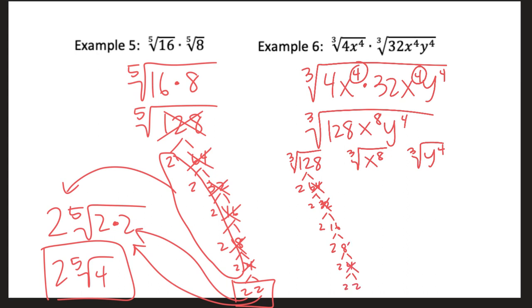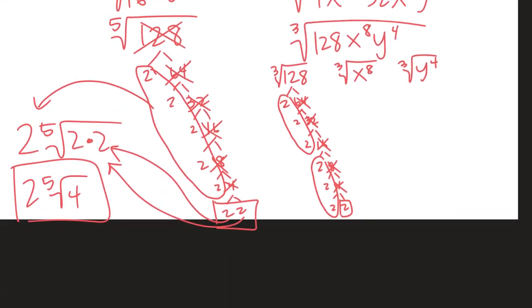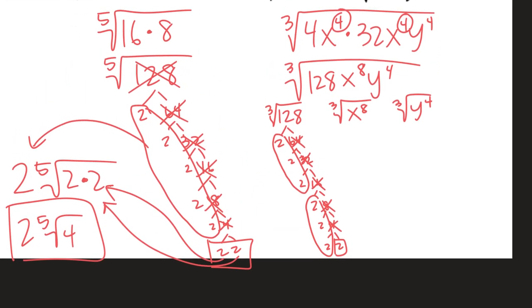So I'm just being extra at this point, really showing you what's happening. So I need 3 2s. Oop, I got 3 more, but only 1 left over this time. So when I go to write this answer, 2 comes out. Actually, there's 2 groups, so 2 to the 2nd power. And underneath, that leftover is going to stay just a 2.